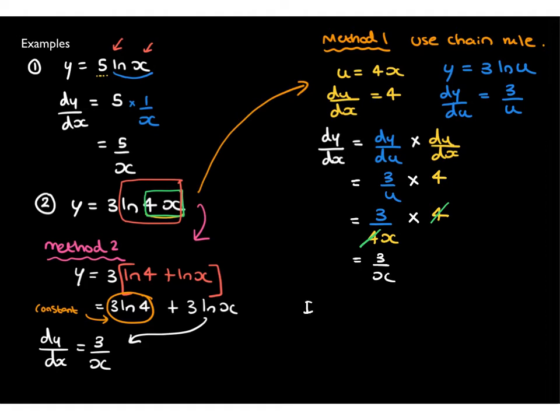So this tells us that if y is equal to ln of, let's say, px, where p is some sort of constant, well, we're not going to see p in the derivative. dy by dx will just equal 1 over x. So what have we seen so far?